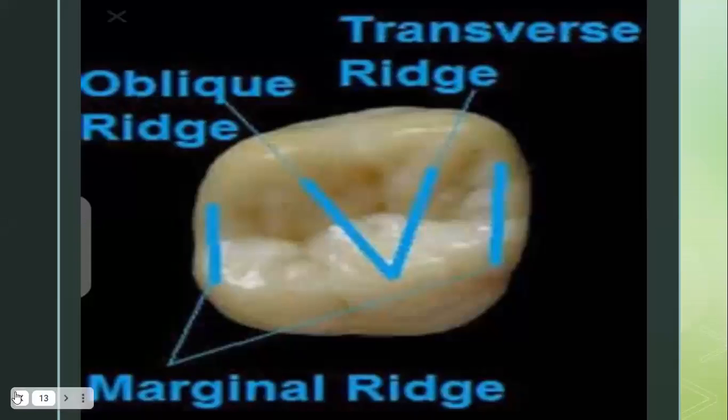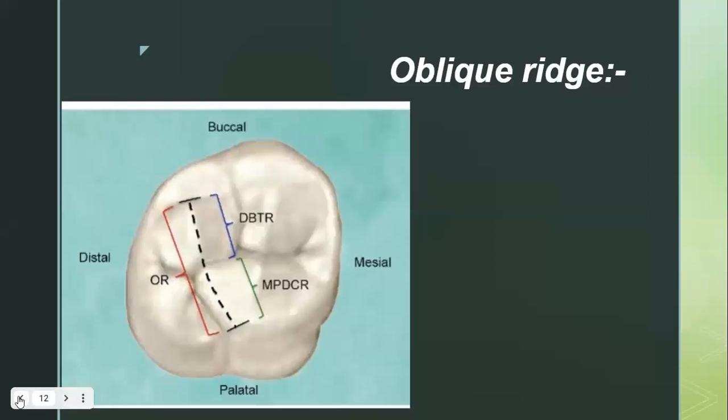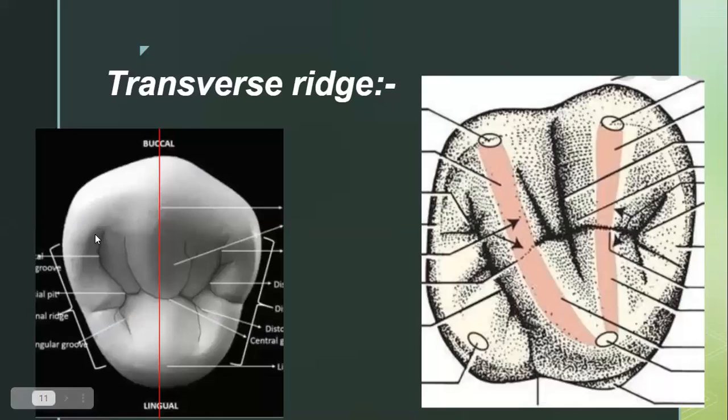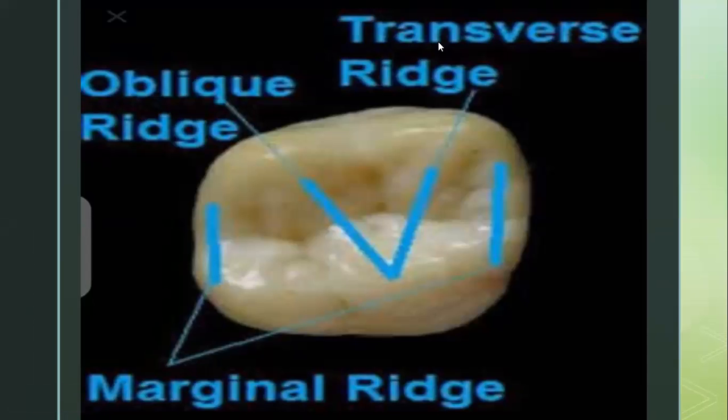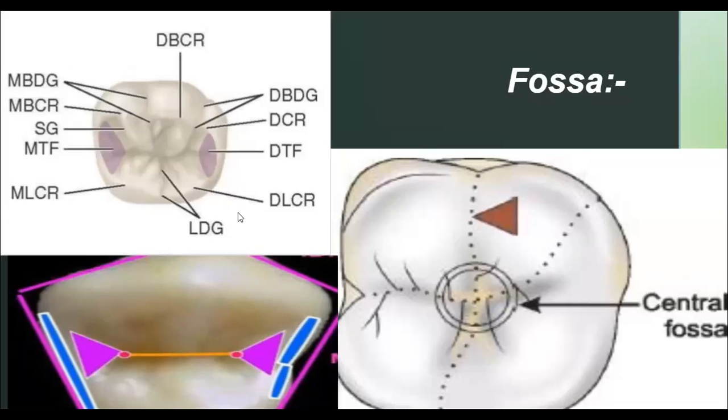In this picture, you can appreciate it better. Here we have the triangular fossa, making a triangle. So we have the triangular fossa as well.